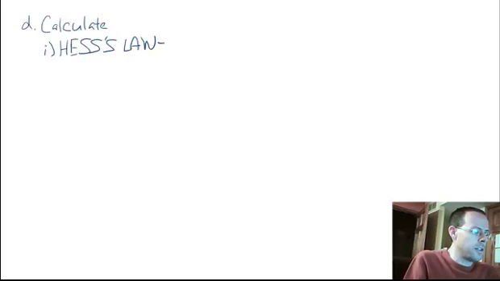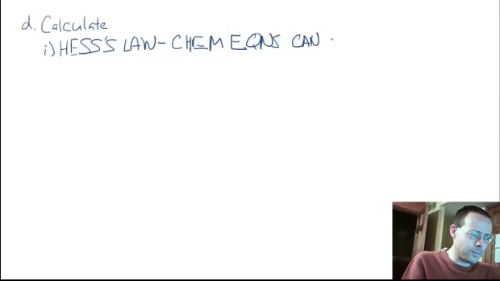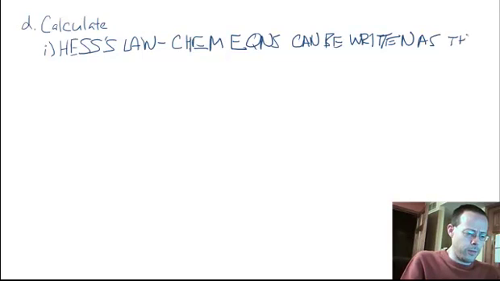Hess's Law essentially states that chemical equations can be written as the sum of two or more steps.